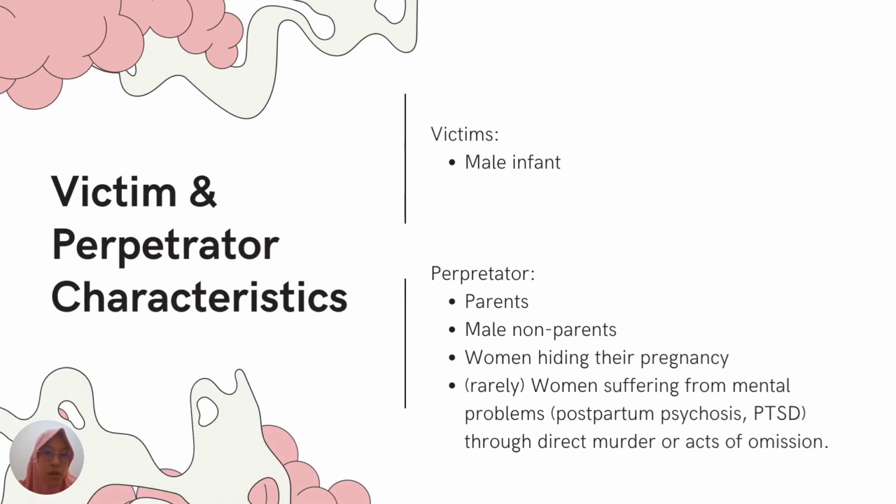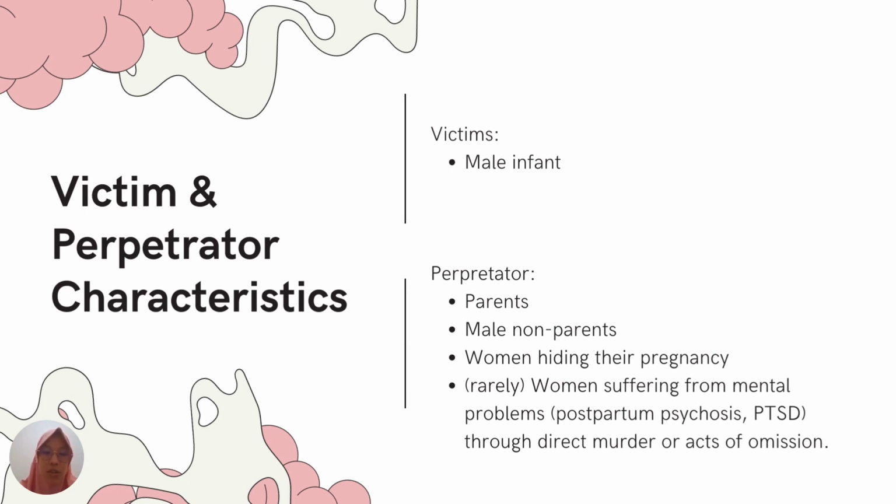And now I want to talk about the risk factors, or victim and perpetrator characteristics, that can predict infanticide. Usually the victims of infanticide are male infants, while the perpetrators are often the victim's parents, or if it's a non-parental figure, male individuals are more likely to commit infanticide. And the most common case of infanticide is committed by women who hide their pregnancy.